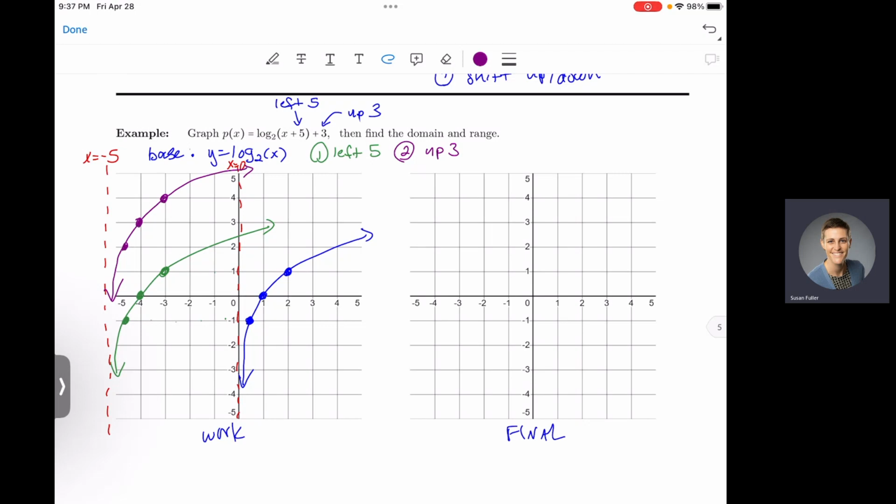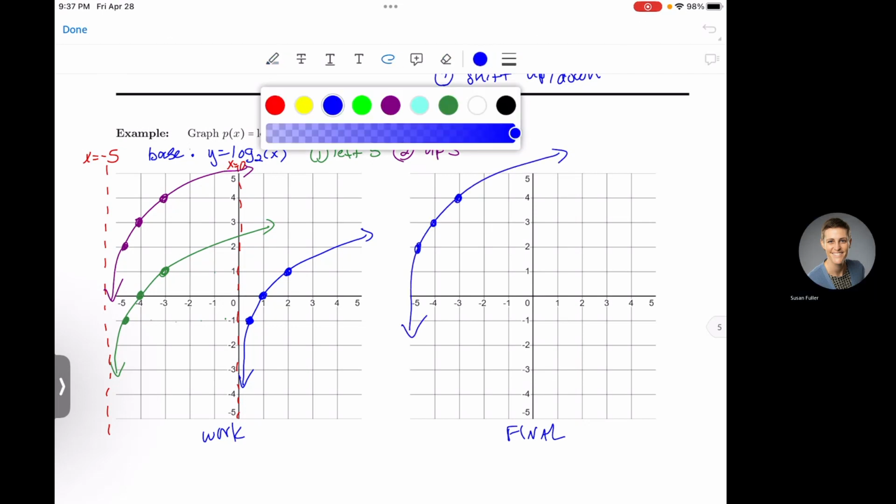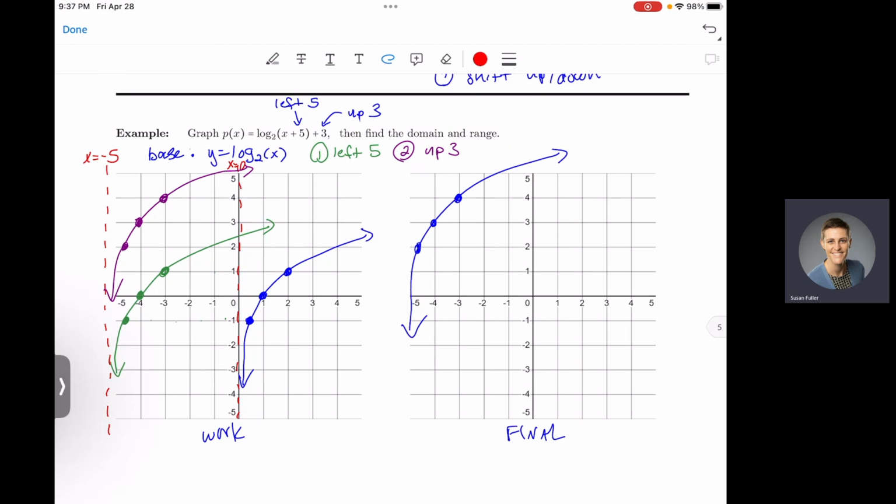So it only moves when you shift to the left and to the right. Okay, so I'm going to go ahead and put these points on our final graph over here so I have a nice clean version to work with. There is our graph. And we have our vertical asymptote here at x equals -5.